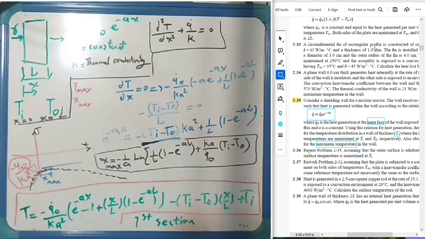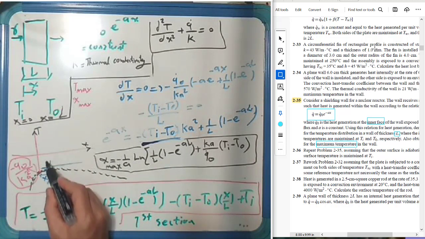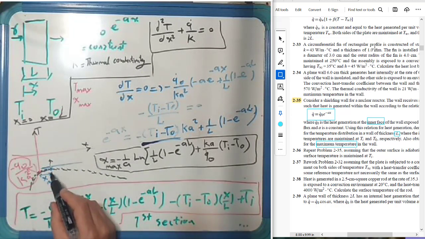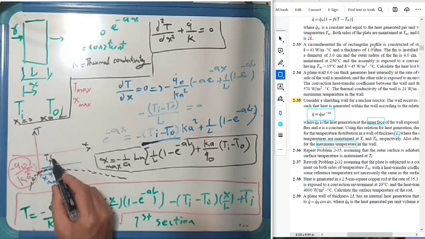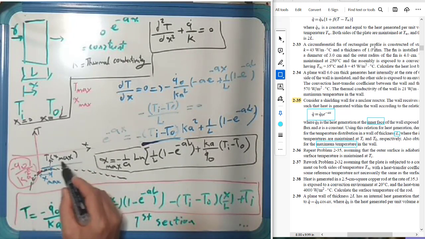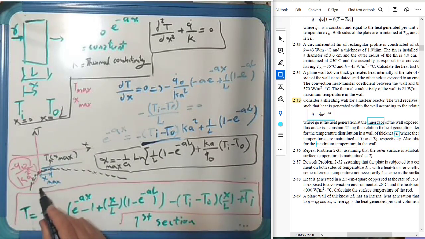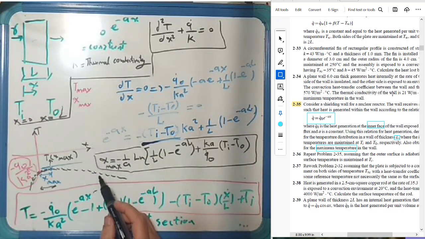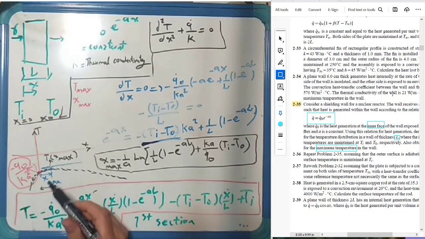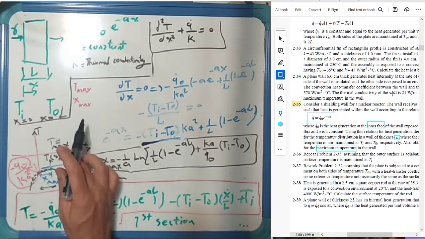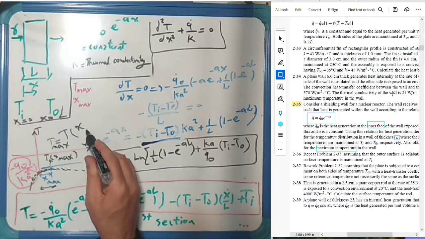Okay, if we want to find the temperature at this point, we have to substitute this maximum X into this formula. Then T max equals T when X is maximum.